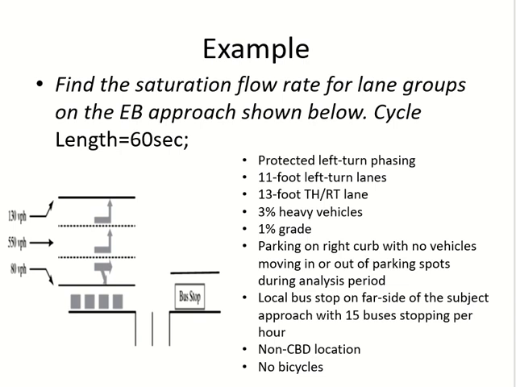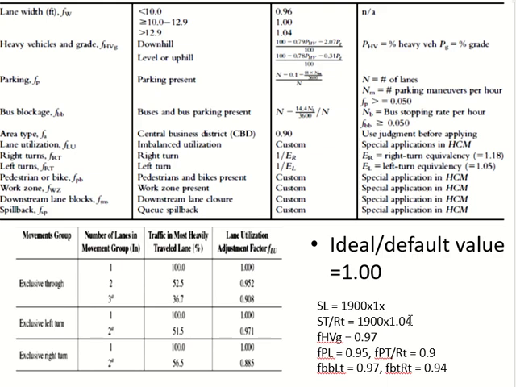This one is only 1 lane for 1 movement, so there is no lane utilization problem. From the table, exclusive left turn lane, 2 lanes, the factor is 0.97. So FLU is only for left turning, 0.97.